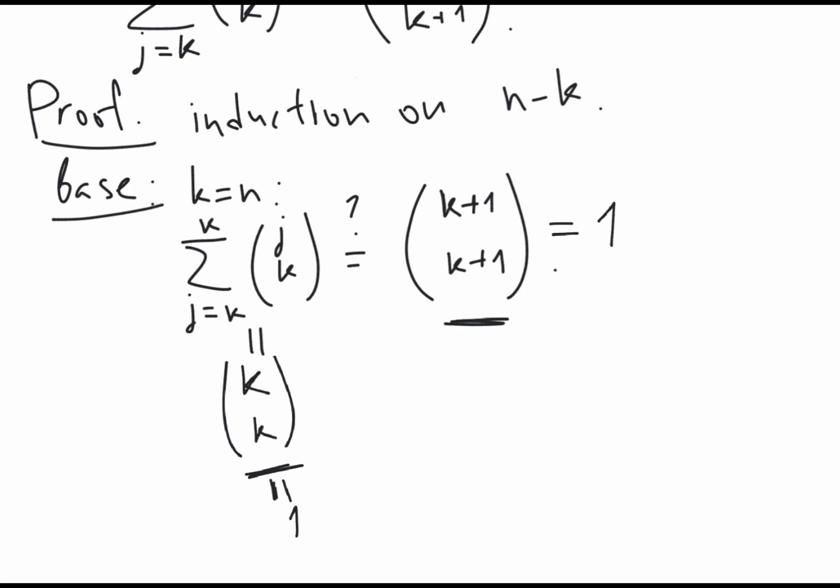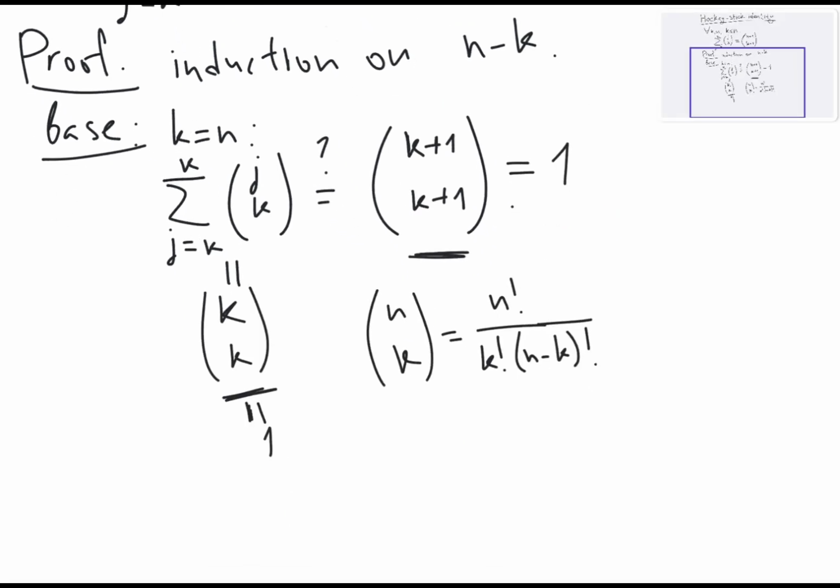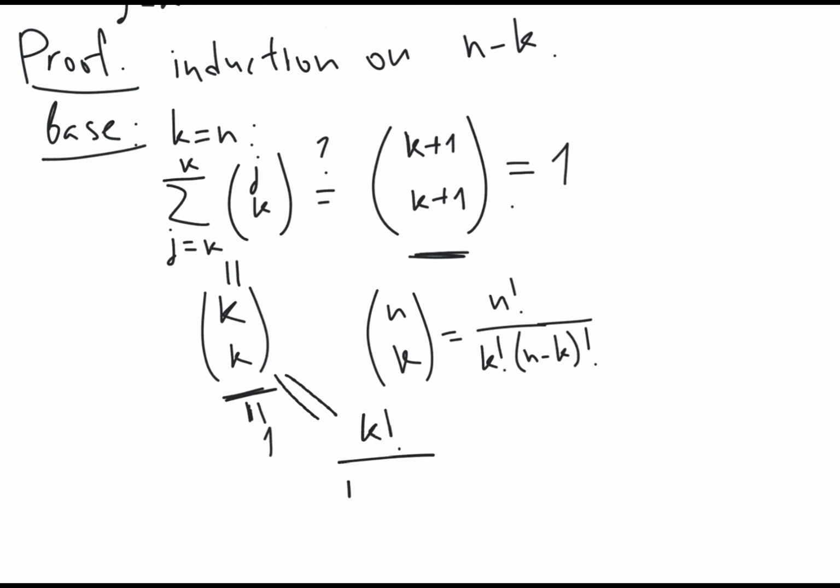definition, because the binomial coefficient (n choose k) is defined as n factorial over k factorial times (n minus k) factorial, right? So let's say this one, (k choose k), is equal to k factorial over k factorial times (k minus k) factorial.